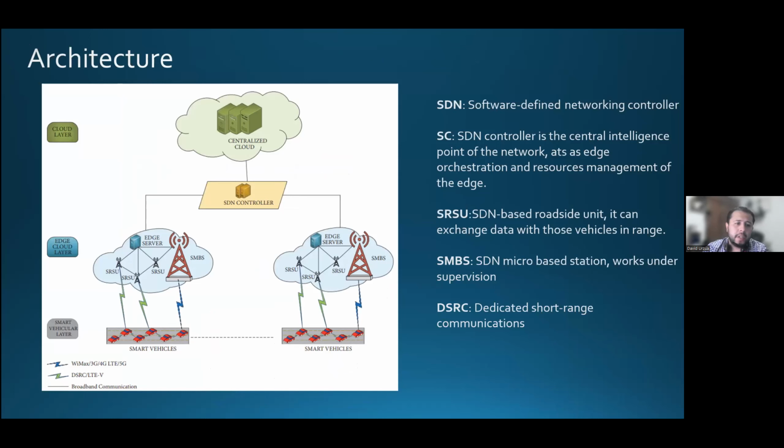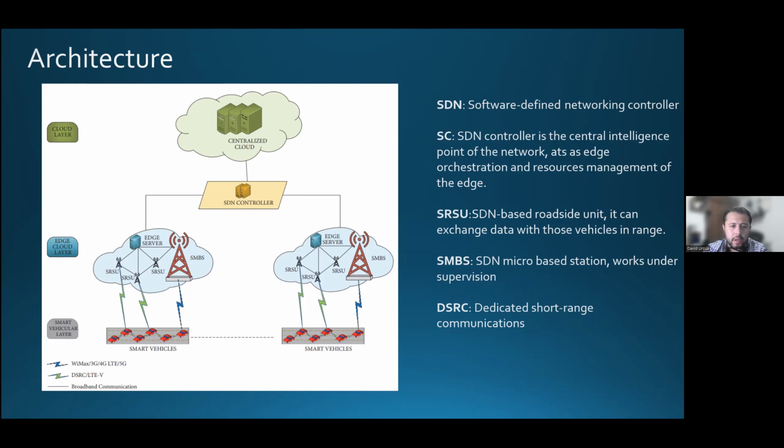The architecture is composed of three layers. The cloud layer is a centralized cloud, and we already know all its capabilities. Then there is an edge cloud layer.